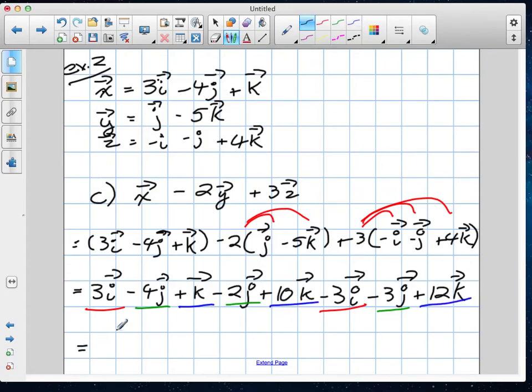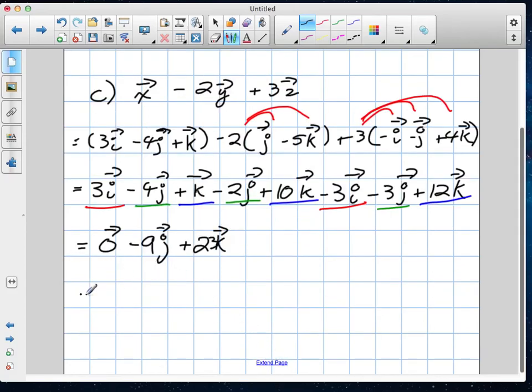Put them all together. i becomes 0 vector. j, negative 4 minus 2. Yeah, negative 6, and then negative 6 minus 3. Negative 9j. And k, 10 plus 1 is 11, plus 12 is 23. Oops.